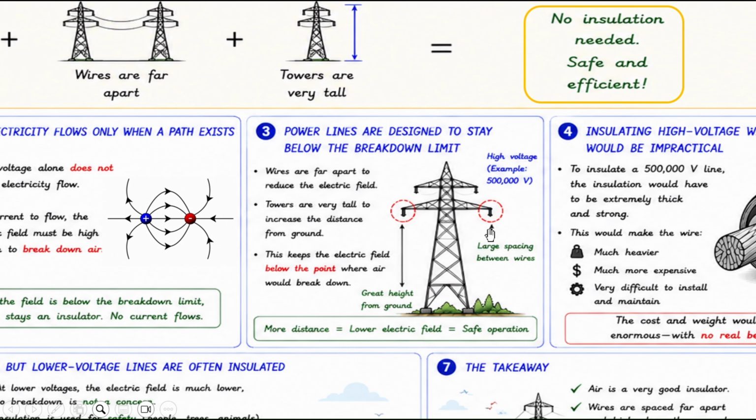Another thing is that, imagine these are two conductors, they also have to be spaced apart from each other. If they are close to each other, an electric field will form and a path will also form, so there will be arcing or a short between these conductors.